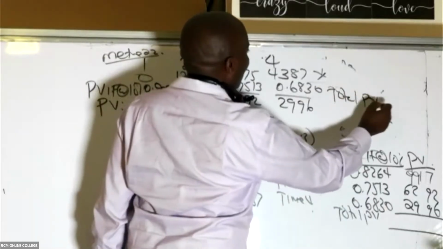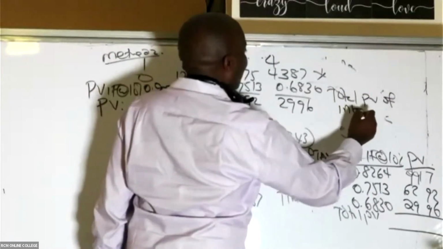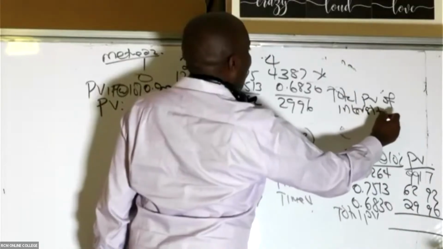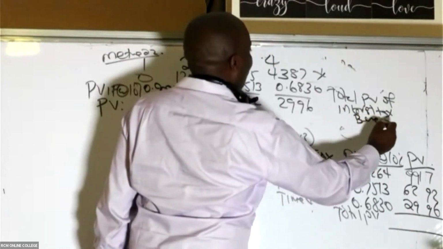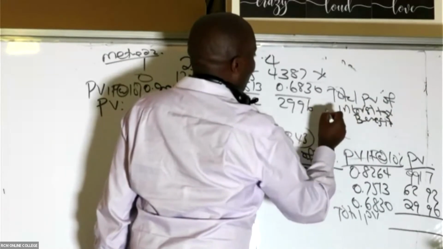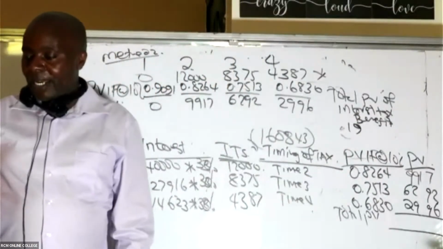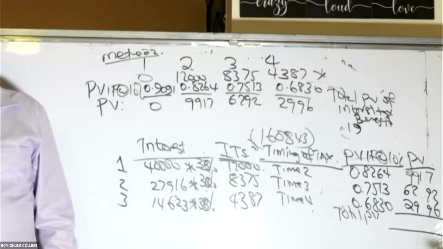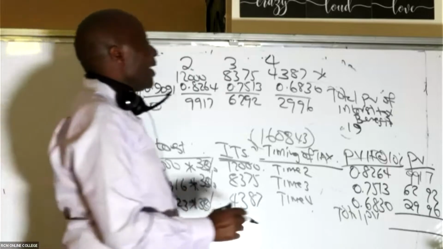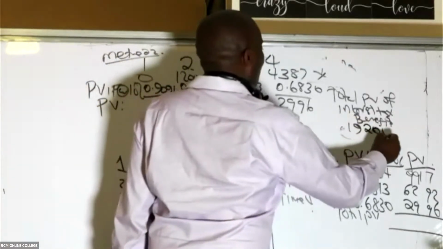Total PV of interest tax benefit. You guys are giving me a figure there of 19205. So which method do you think is better?